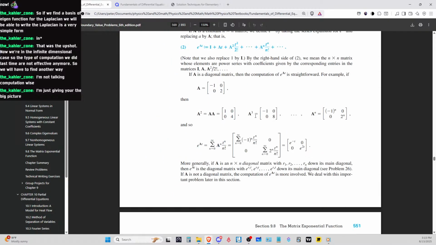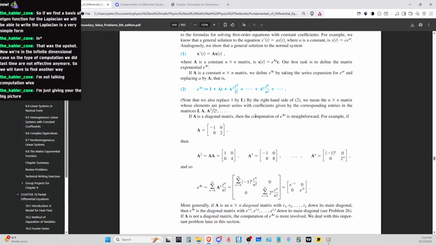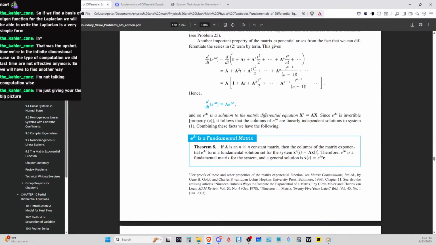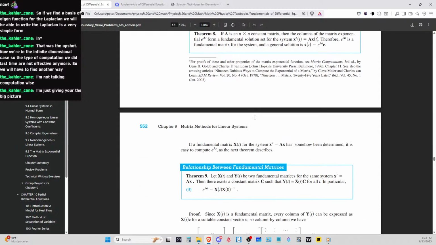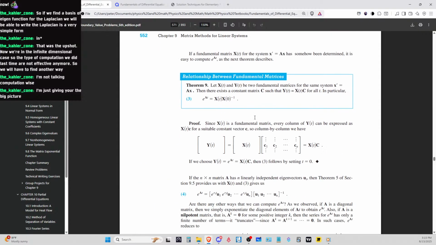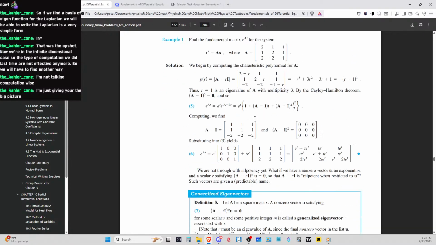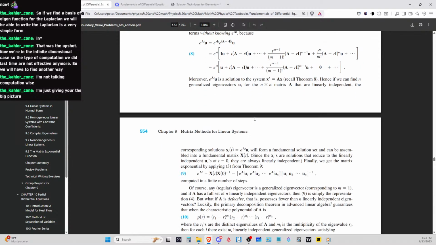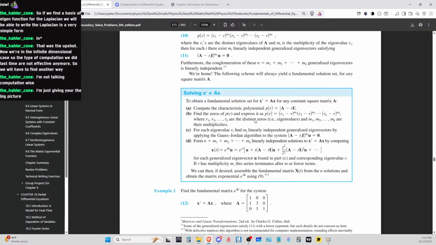Matrix exponential form. Yeah, this is where eigenvectors and eigenvalues really shine. Generalizing eigenvectors. Solving. Maybe this is it.